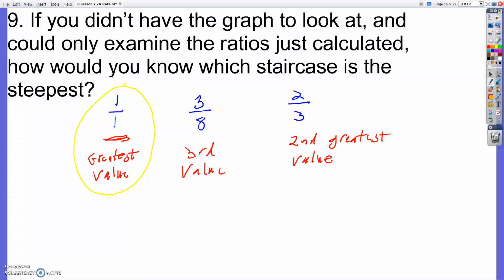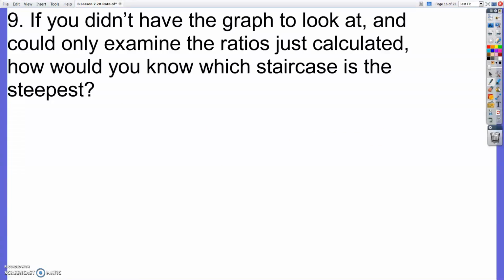So when it says, how would you know which is the steepest? What we could write here is the number with the greatest value will be my steepest slope, my steepest staircase.